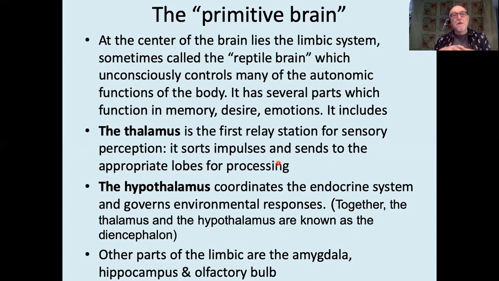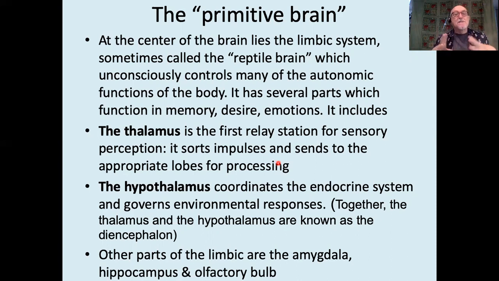The hypothalamus, below the thalamus, is also a coordination center, but it's our most important coordination center for the endocrine system. And we're going to talk a lot about how the hypothalamus receives information from the rest of the body and responds by getting different parts of the body to talk to one another by sending chemical messages known as hormones.